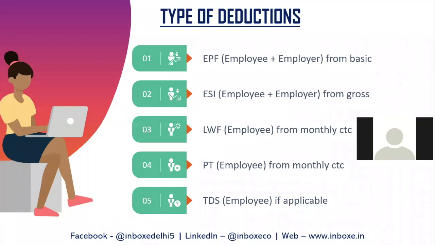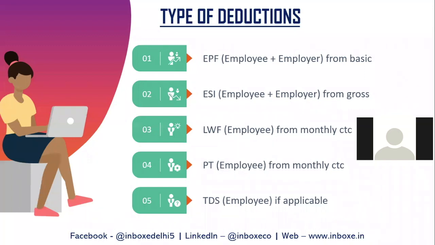So for PF, there are two segments. First is the minimum contribution. Second is the contribution which is for everyone. So it's the decision of the organization only. If the organization decides to pay you a minimum contribution, then the minimum contribution could be 1800.